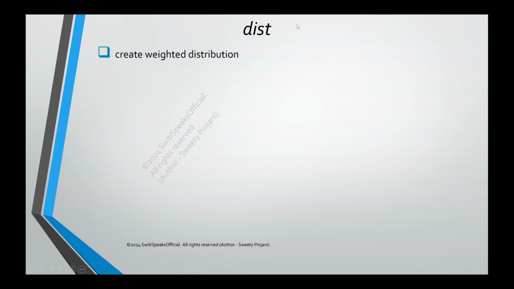With the help of dist operator, you can create weighted distribution. What are the inputs which this dist operator takes? First thing is it will take a list of values and corresponding weights which you want to have for these values, and these values and weights need to be separated by an operator, either this operator or this.